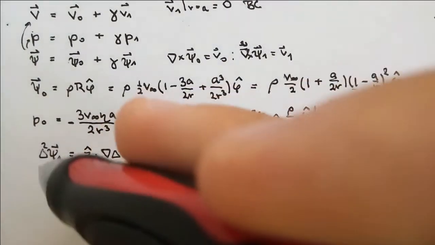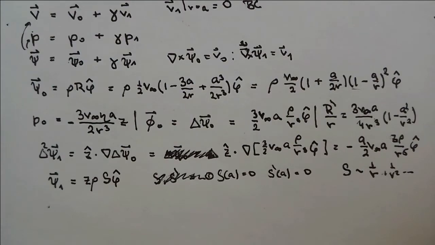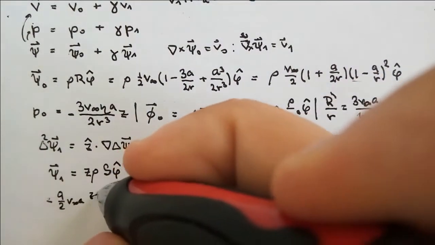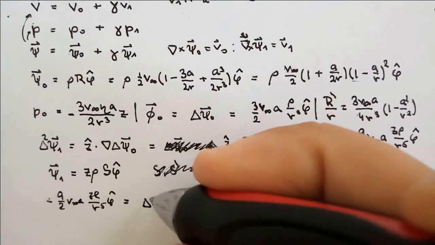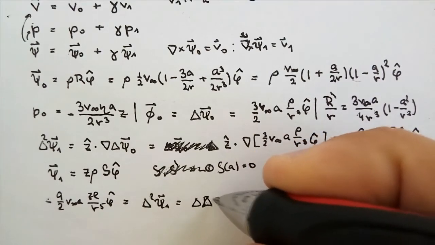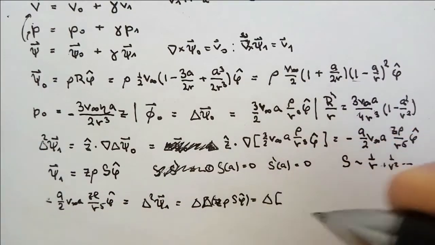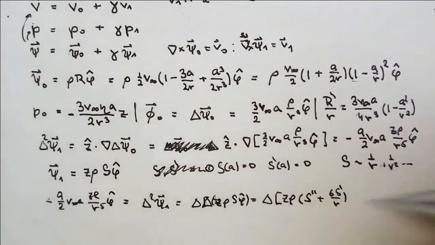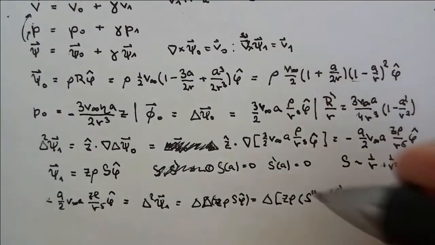So it's going to be Laplacian of this, which is Laplacian this minus 9 halves v infinity a times 0 over r to the 5th power phi hat, which should be the second Laplacian of phi, which is Laplacian of z rho s phi, and which is Laplacian of z rho, and this is s double prime plus 6s prime over r times phi.